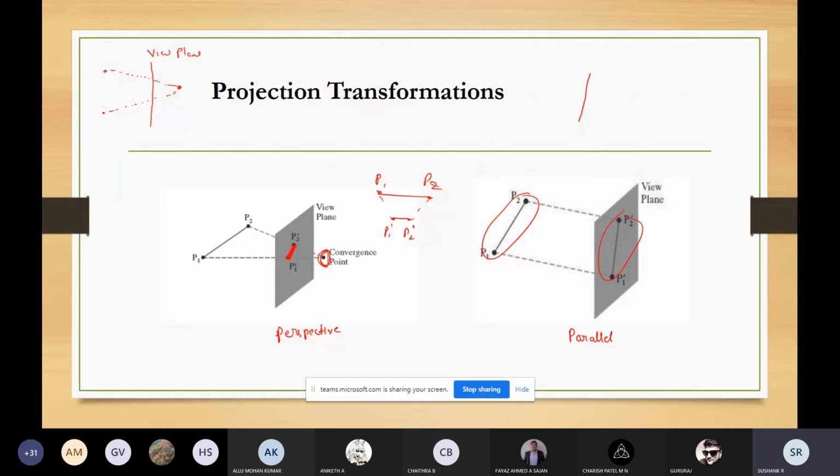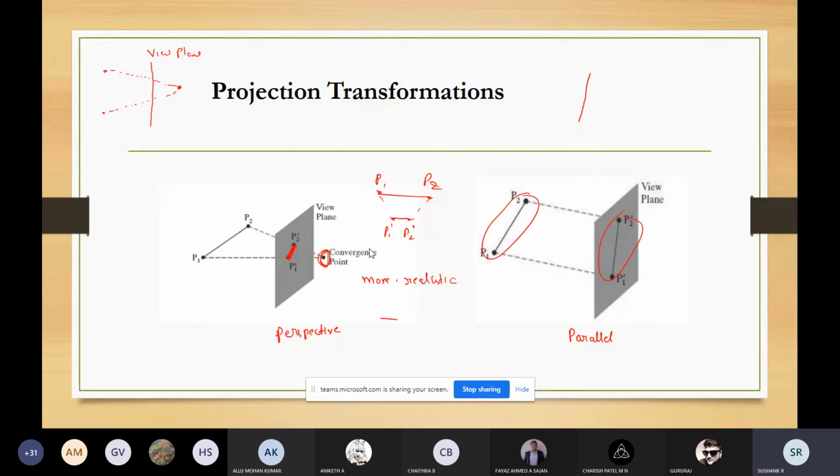Also, the perspective view is more realistic. And also the distant object will be projected in a size which will be reduced. That means the objects which are far away will be smaller in size. That's why this perspective projection is more realistic.